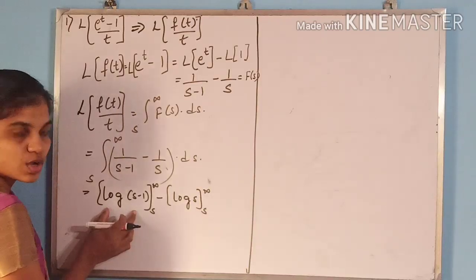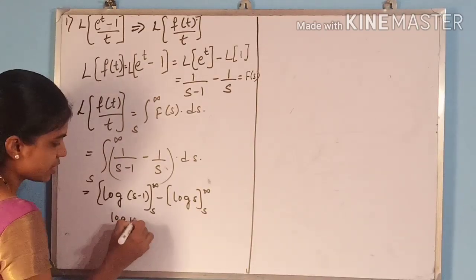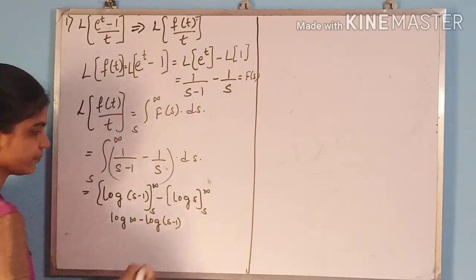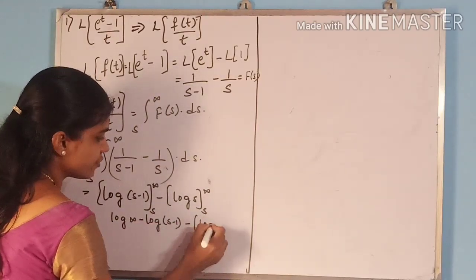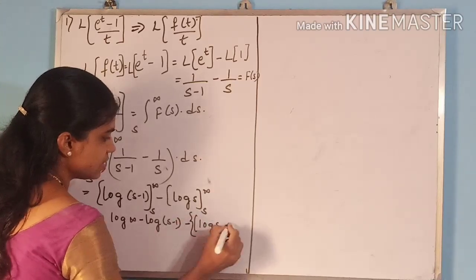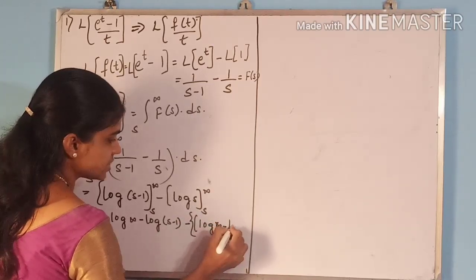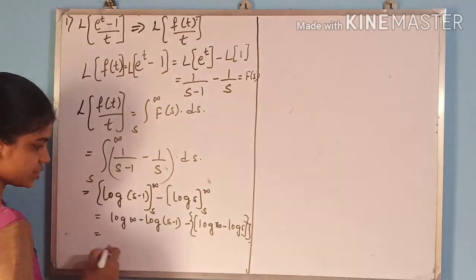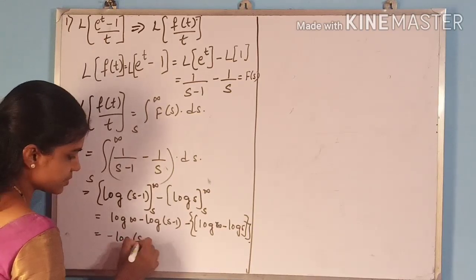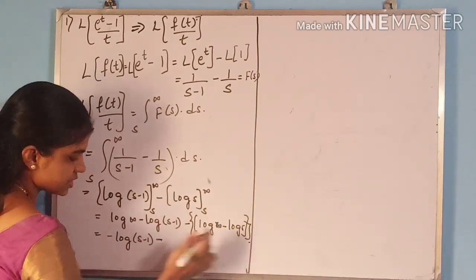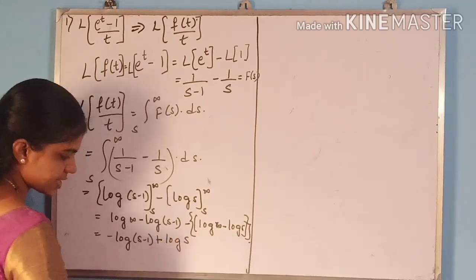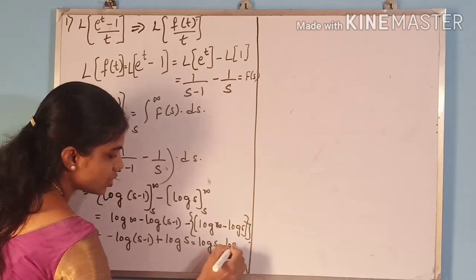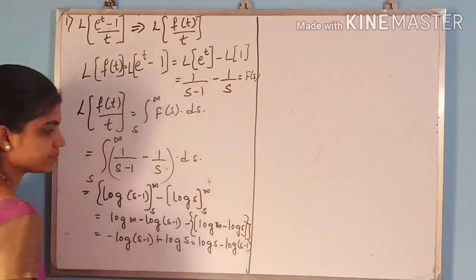So here this is log of infinity minus log of s minus 1, minus log of infinity minus log of s. So this is going to be minus log of s minus 1, minus of minus is plus log of s, or I can write it as log s minus log of s minus 1.